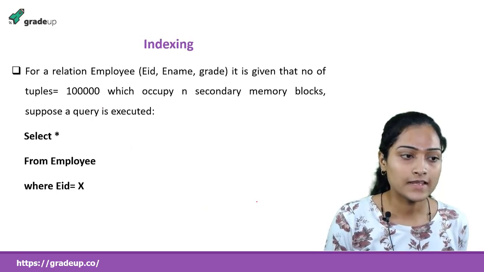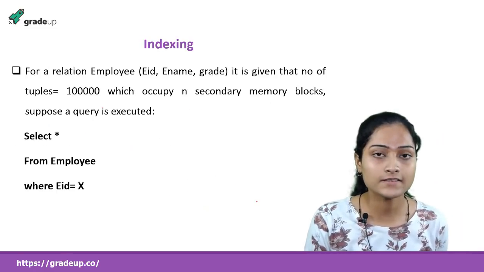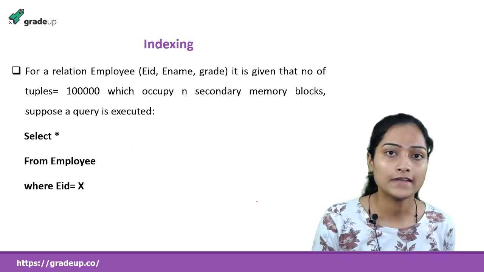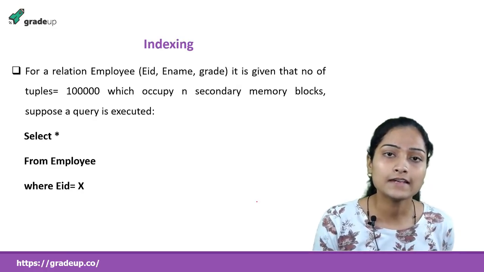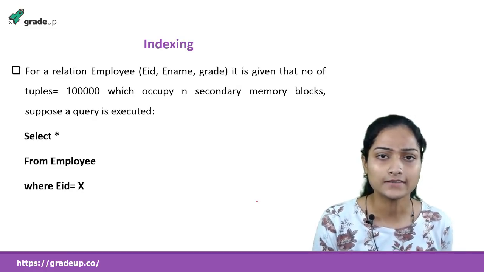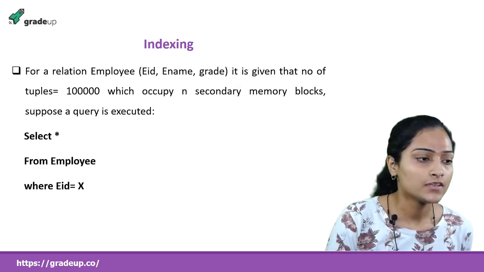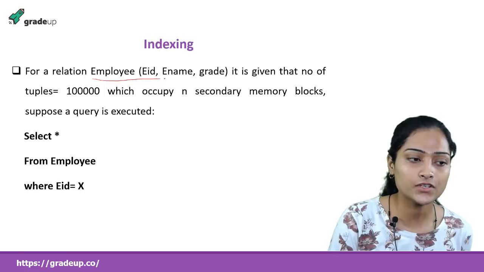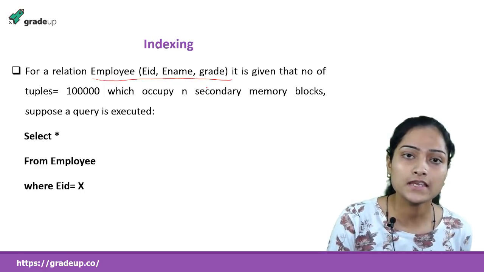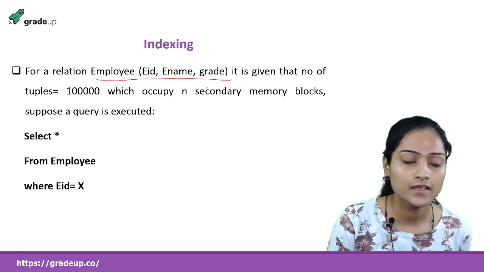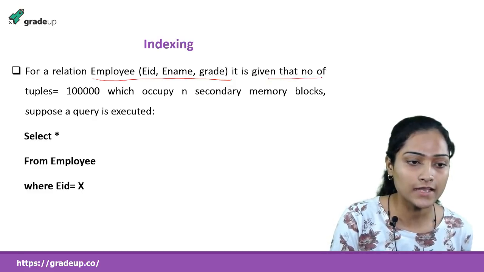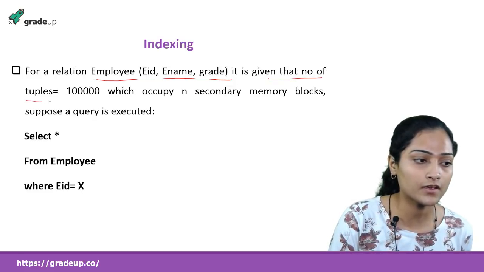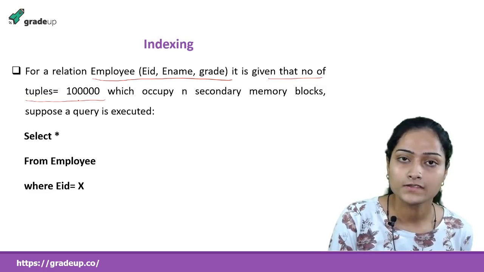Let us see the next thing, indexing. We have discussed the basics of indexing and file organization. Let us see why we really need indexing. Suppose you have a relation employee with 3 attributes: EID, ENAME and grade. It is already mentioned that this particular table has around 1 lakh records.